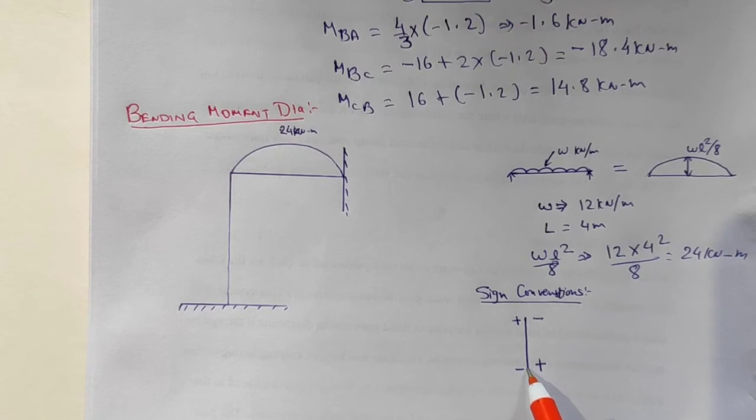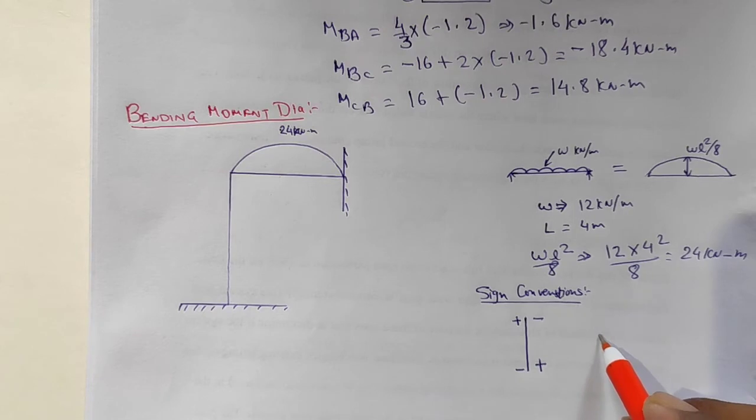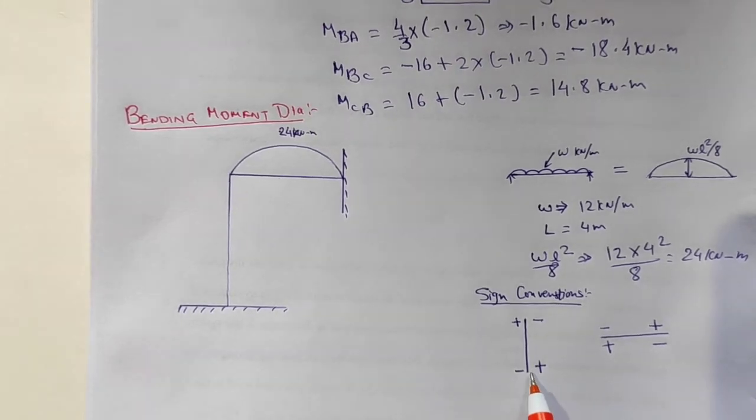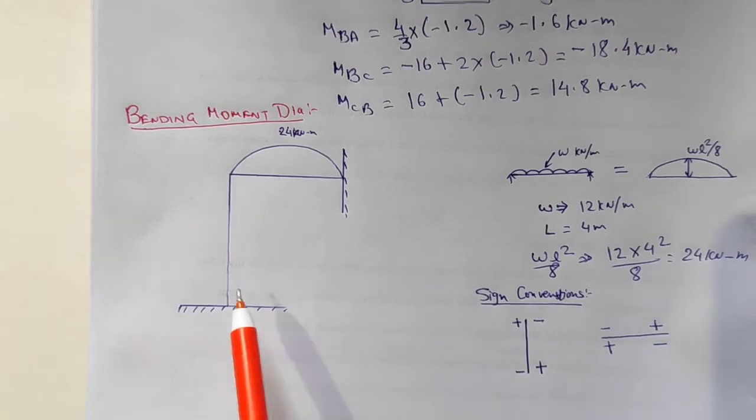It means whatever values I get at the bottom, if it is negative, I will place the moment on the left side, and similarly if it is positive, I will put it on the right side. And if the member is horizontal, then the values will be negative, positive and positive, negative. In this way I have to apply the values of the moments in this frame.